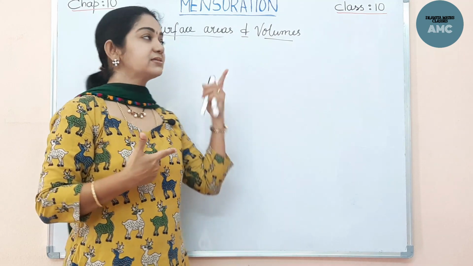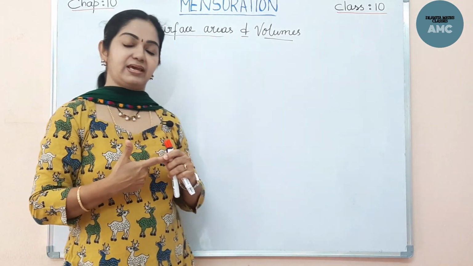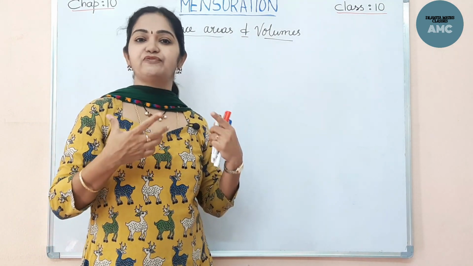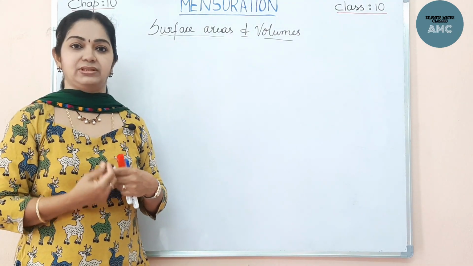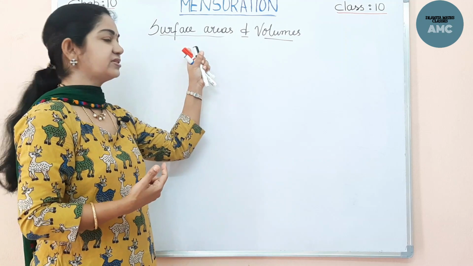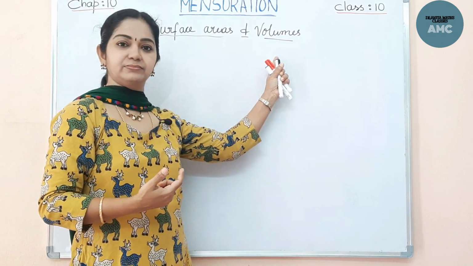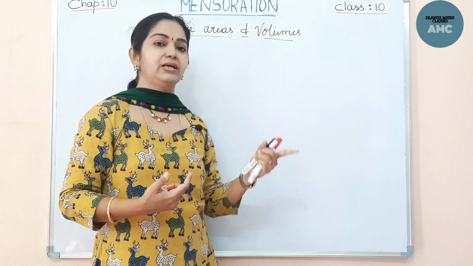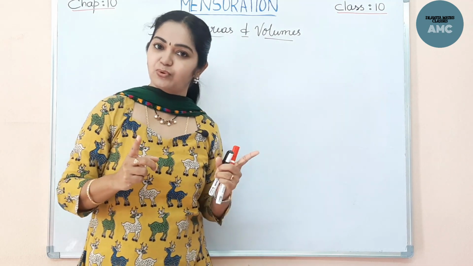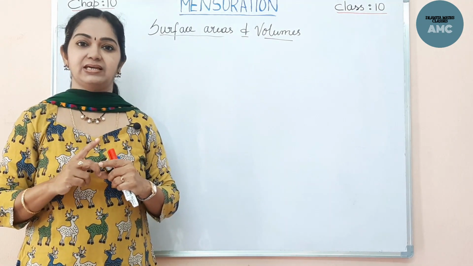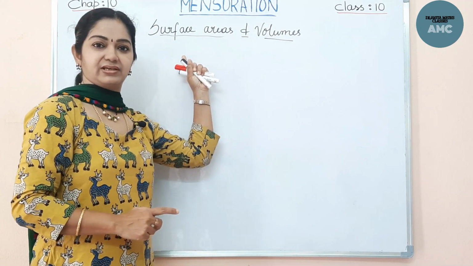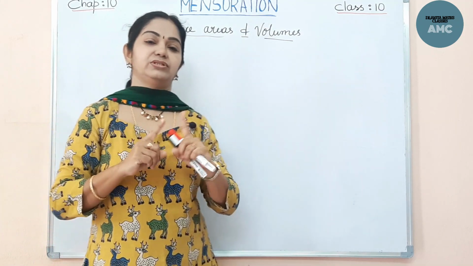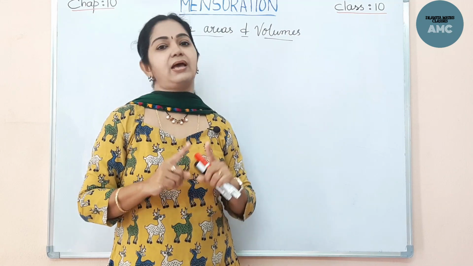For example, if I want the quantity of paint required to whitewash a room, then we will find the surface area, not the volume, isn't it? Similarly, if I want to fill the same room with the grains of rice, then I need the volume, not the surface area. So we know how to differentiate between the surface areas and the volumes.